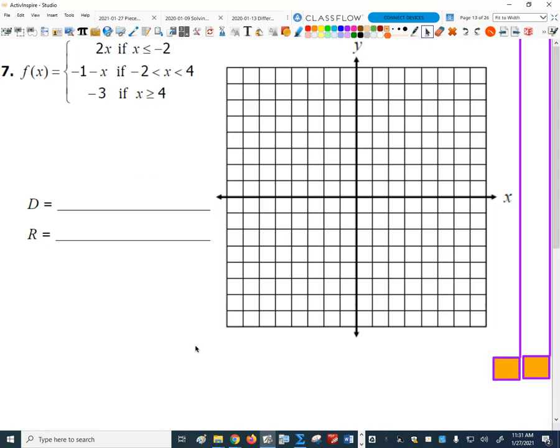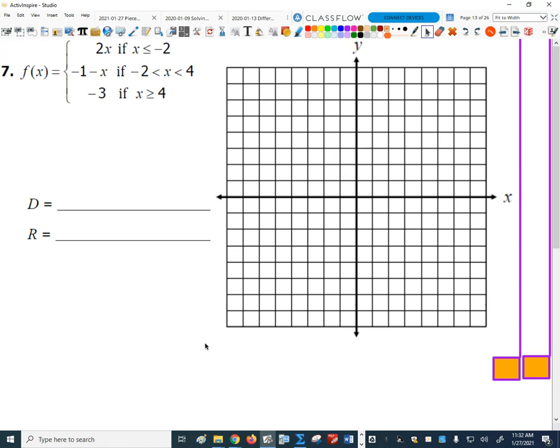Let's maybe try one that's got 3 pieces here instead. Okay, so first of all, let's see if we can figure out where my boundaries are going to have to be between the 3 pieces. I'm going to need 2 boundaries, aren't I, between those 3 pieces. So where am I transitioning here?